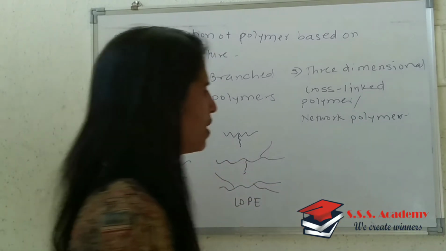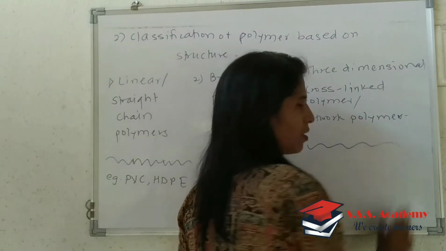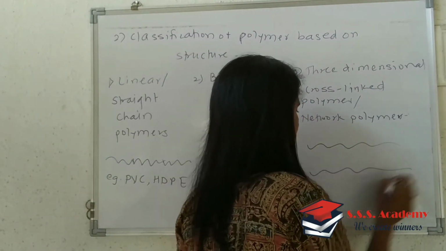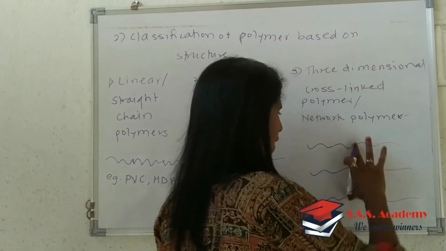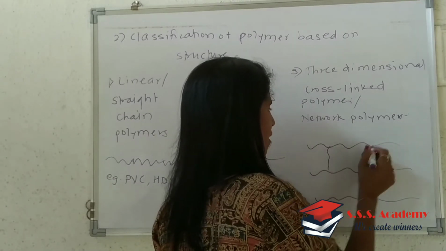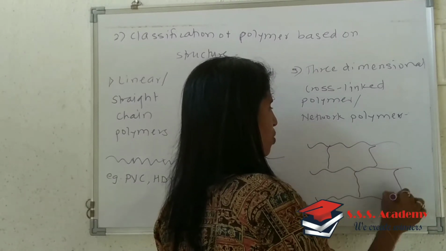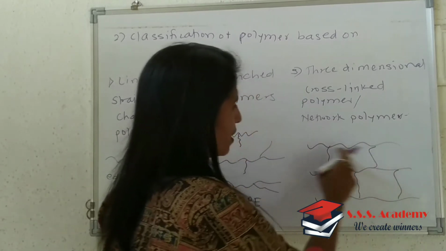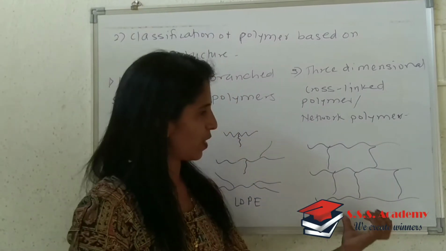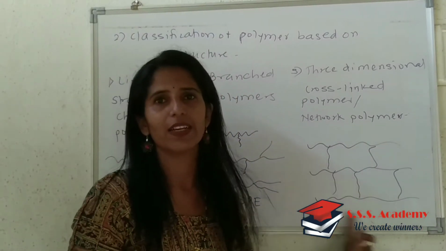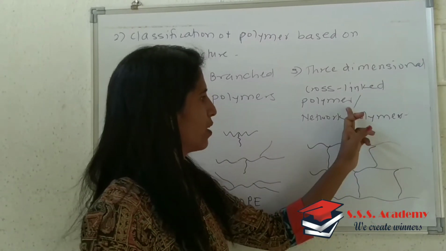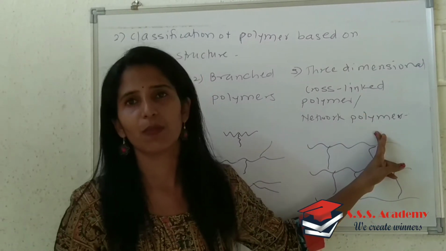And that's why, what will happen? See, if this is a main polymeric chain, okay, this is the second polymeric chain, this is the third one, and these 3 polymeric chains are attached to one another due to formation of very small cross-links in between them. Okay, and that's why if you observe it carefully, it looks like a network, right? And that's why this kind of polymer is also called network polymer.